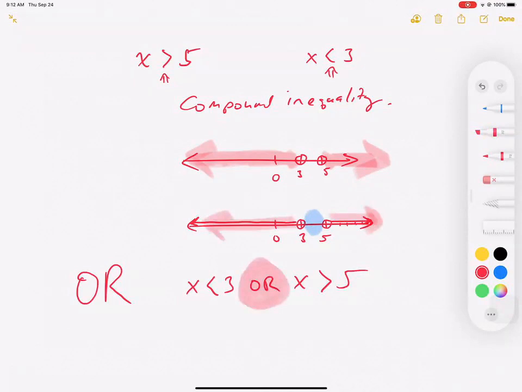Yeah. So the idea of an or statement is that it's okay to call me before or after, before 3 or after 5. And the idea of a compound inequality is that it's no longer just one inequality, it's several situations put together. We have more than one option. And in the real world, there's often more than one option.